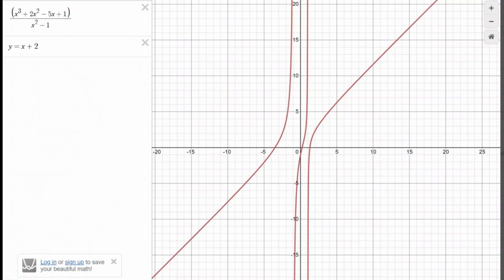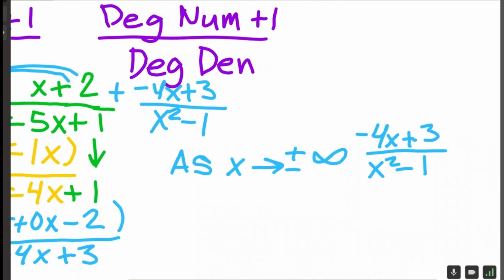This is what that rational function looks like graphed. I went ahead, got into Desmos, and put it in. As x goes in the positive or negative infinity direction, it's going off and doing something. And we want to know in those directions what's happening in regards to the remainder.